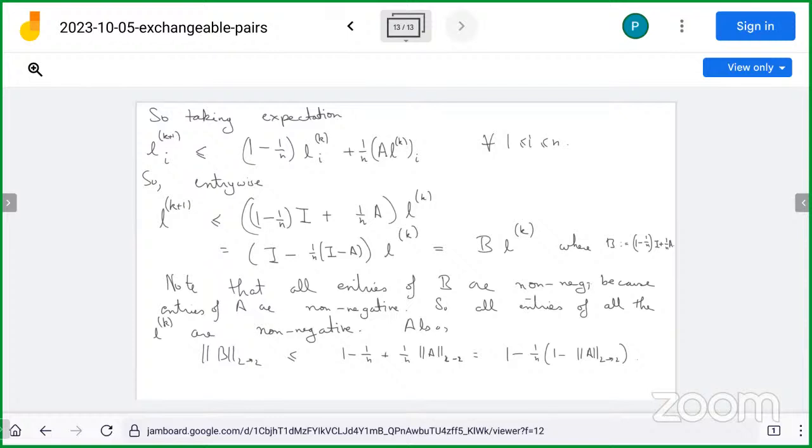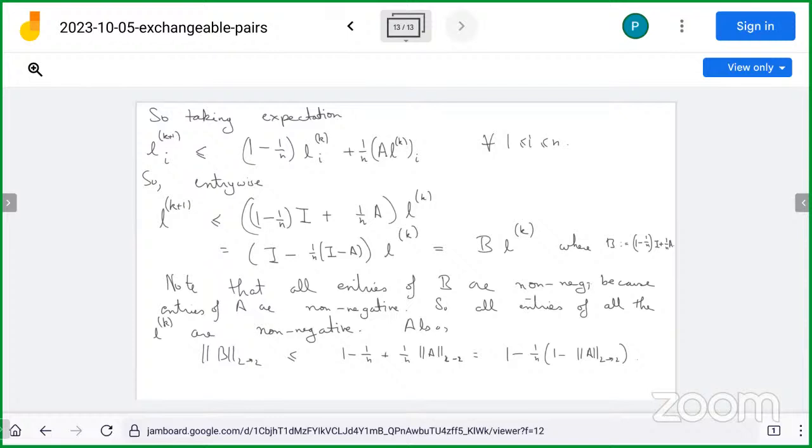In fact, what I wanted to say is that it is actually equal, but it's probably not, since A is not symmetric. Actually, it's fine, because singular values will also not match up.